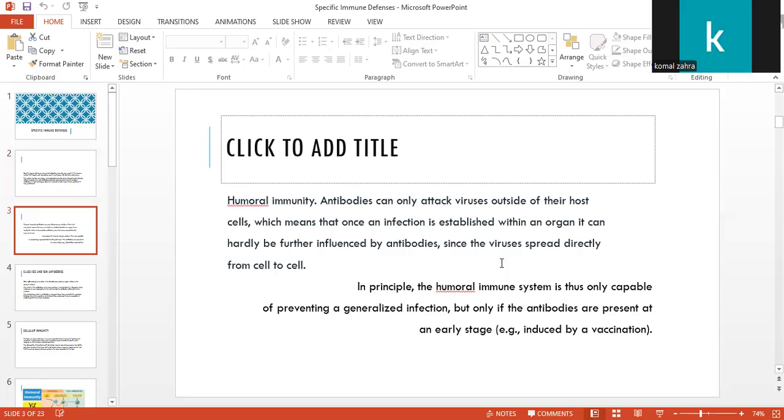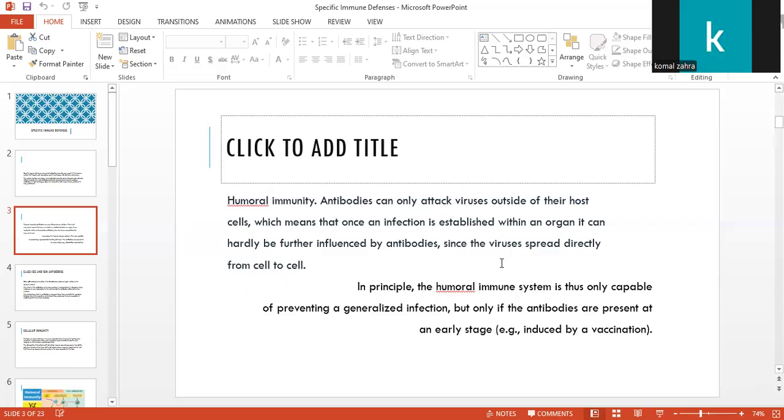And the other immunity is humoral immunity. Humoral immunity involves antibodies that only attack viruses outside of their host cells. There are viruses which haven't entered the host cell, but are causing infection outside of it.